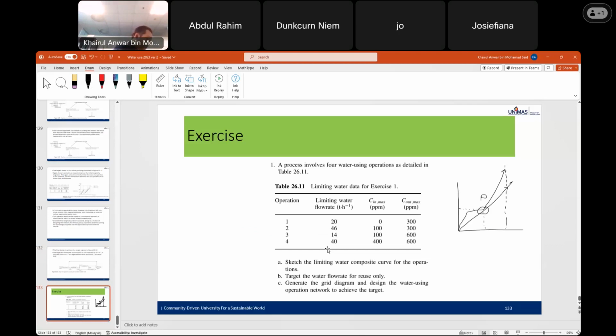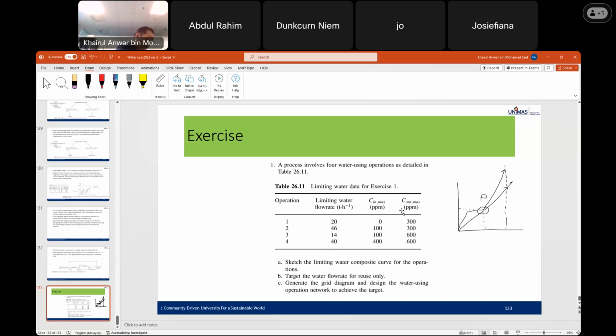How many steps? Four steps for question C. There's no question, but later you need to do the exercise.